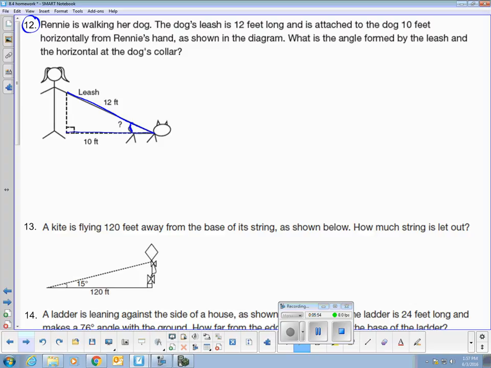So if I take a look at these two sides in relationship to this reference angle right here, I have the side that is the adjacent side, and I have the side that is the hypotenuse. So the adjacent and hypotenuse is cosine. But because I'm finding the measure of an angle, I need to use my inverse function. So cosine is the adjacent divided by, whoops, let's try that again. Adjacent is actually 10.